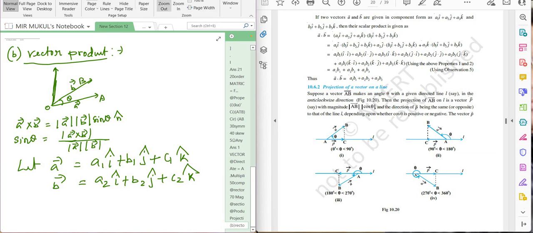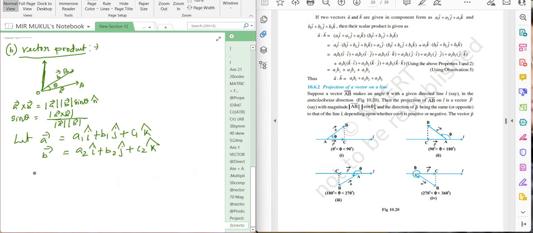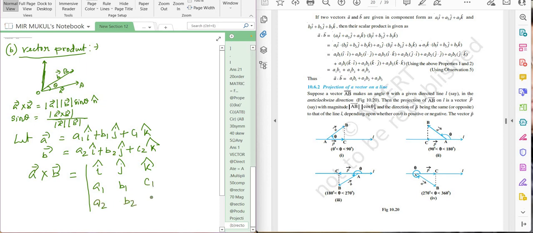Then A cross B we can find using the determinant with rows i, j, k; A1, B1, C1; A2, B2, C2. After that, if we expand this determinant, we'll get A cross B.